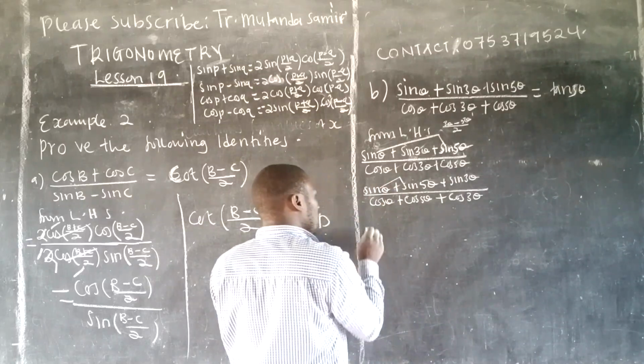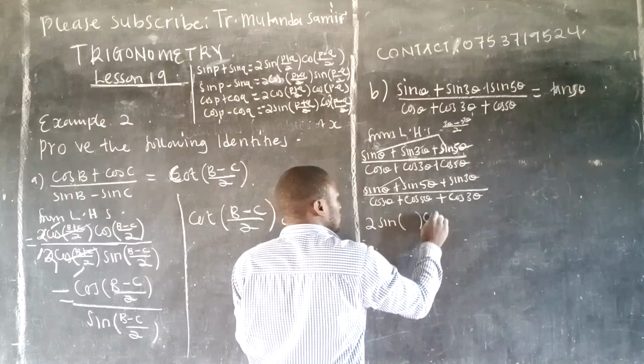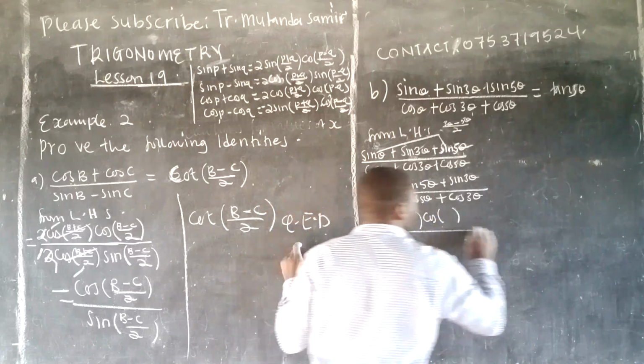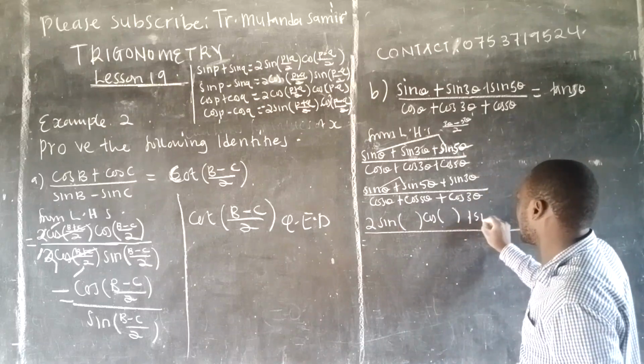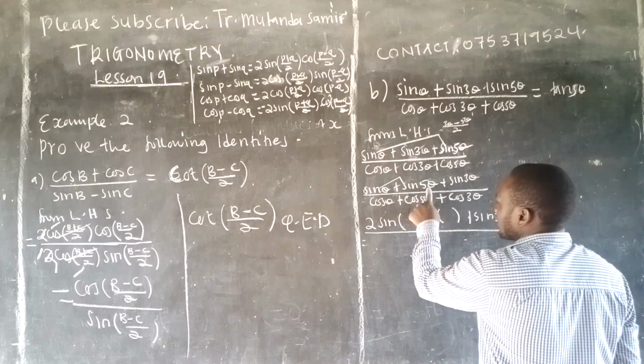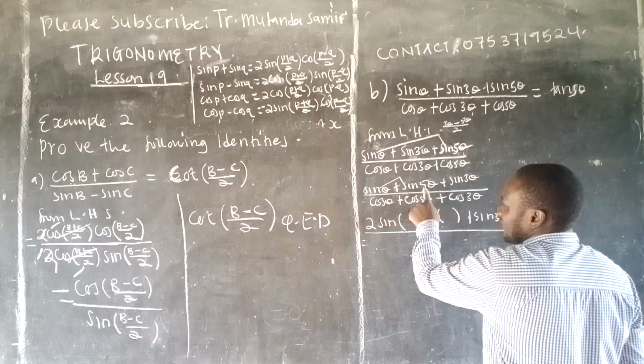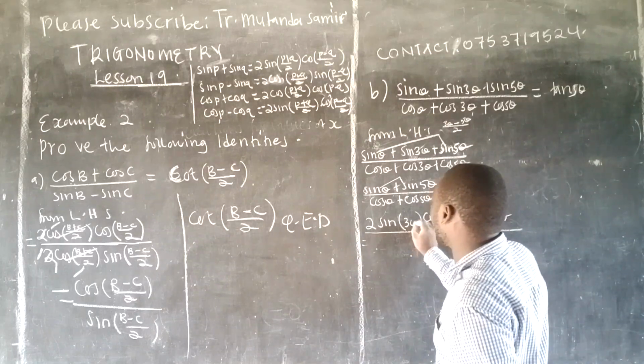The factor formula of this one will be 2 sine cos, but of course plus sine 3 theta. Now in this first bracket, add the angles divided by 2. So theta plus 5 theta will be 6 theta divided by 2 will be 3 theta.